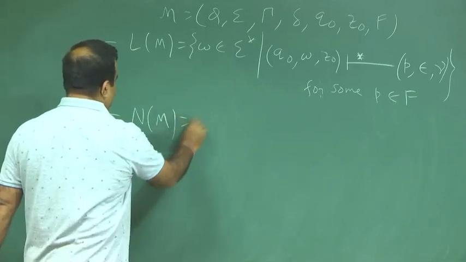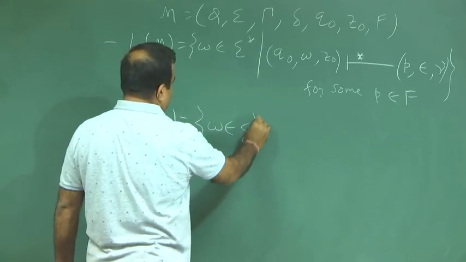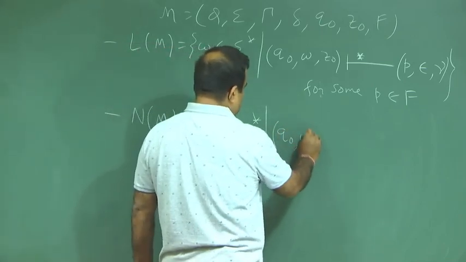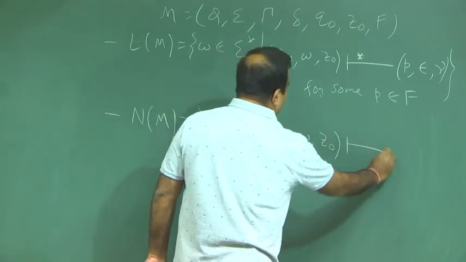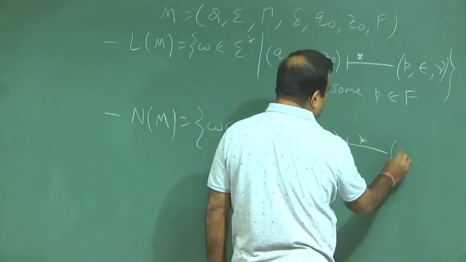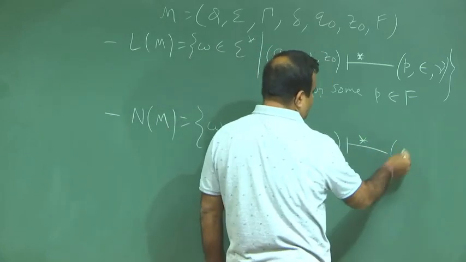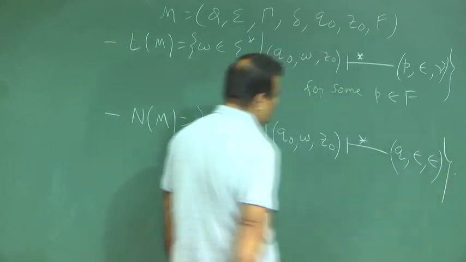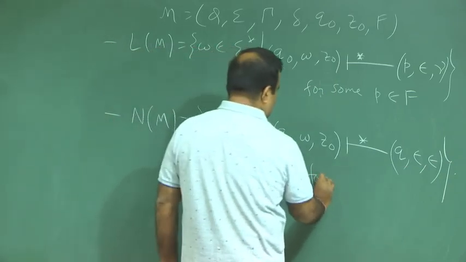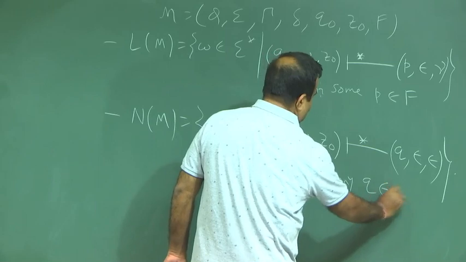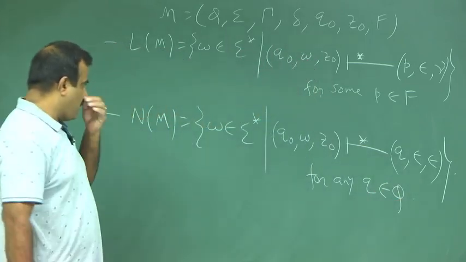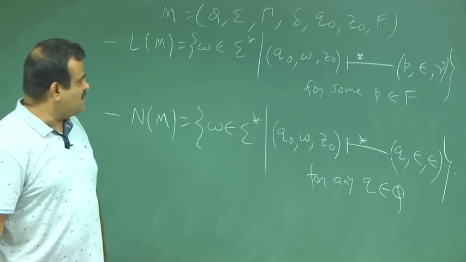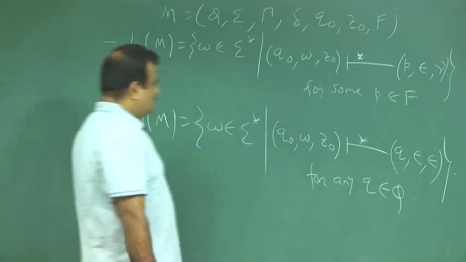This is denoted by N of this, the set of all W such that we start with Q0 and Z0, and it goes to, we do not care about the state, it could be any Q, epsilon, epsilon, for any Q belonging to Q. It need not be a final state. It could be a final state, but we do not need that. We only need that ultimately the stack should be empty.